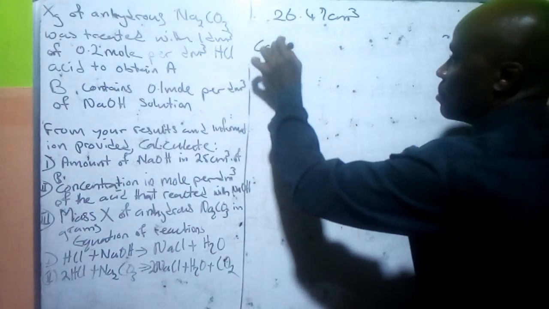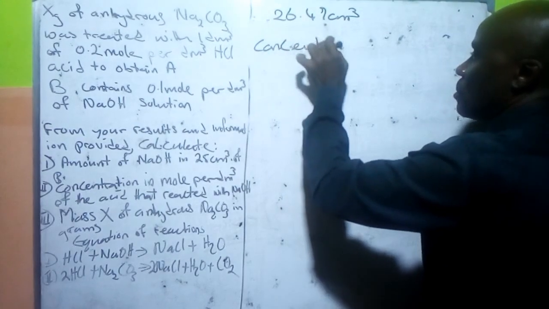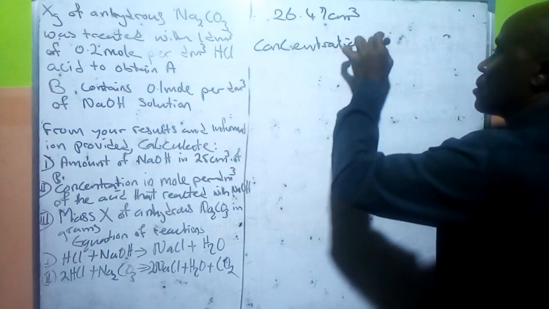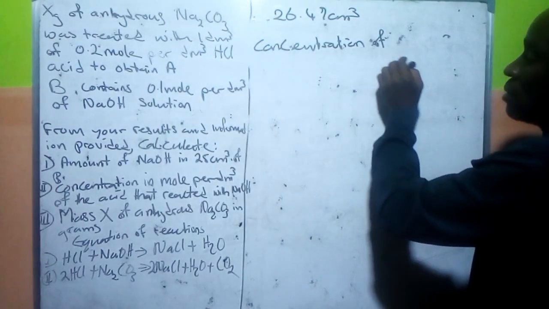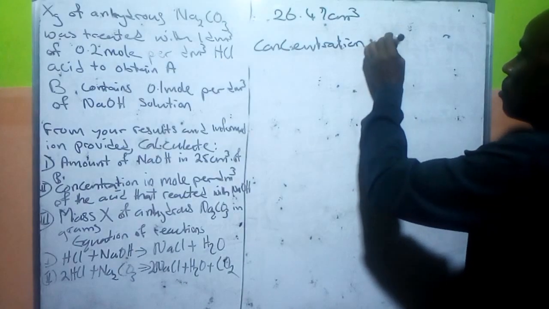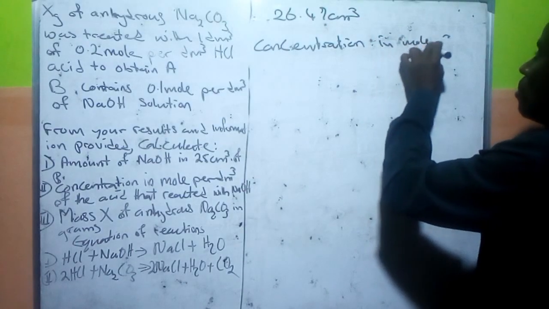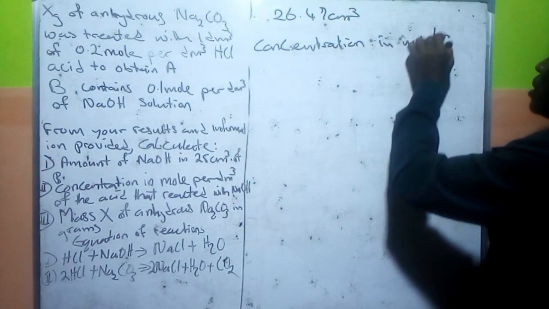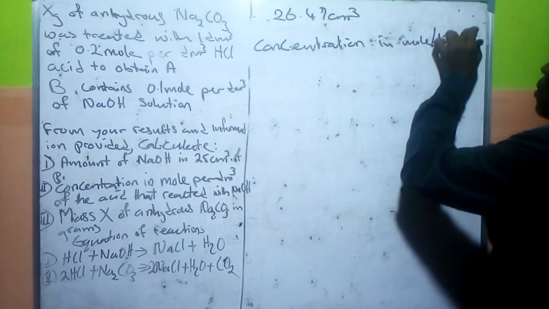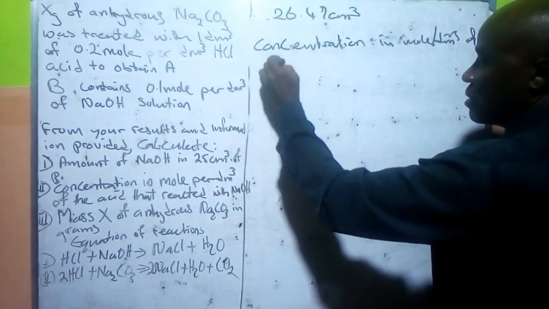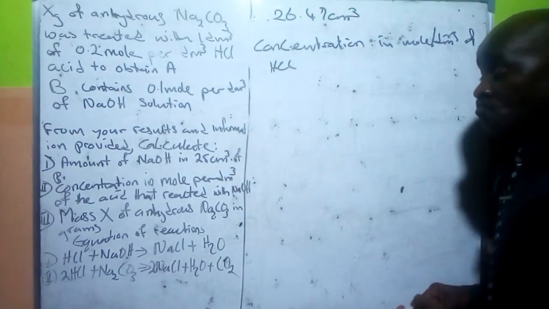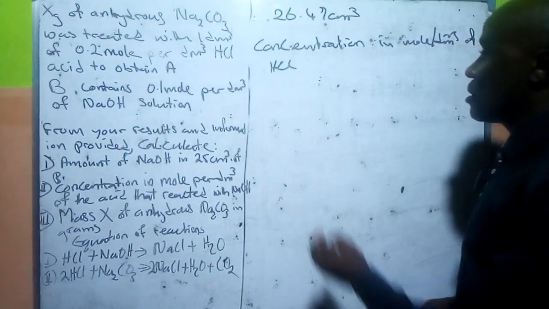Concentration. Concentration of what? Concentration in mole per dm cube of what? The acid, sodium hydroxide, hydrochloric acid. I can leave it here.